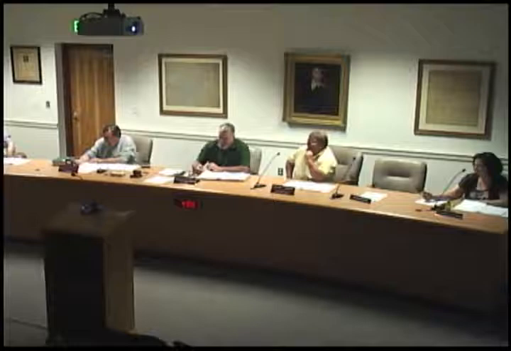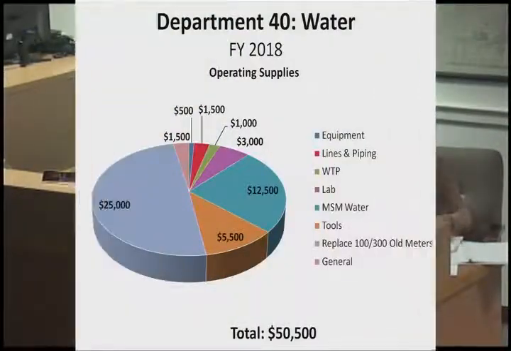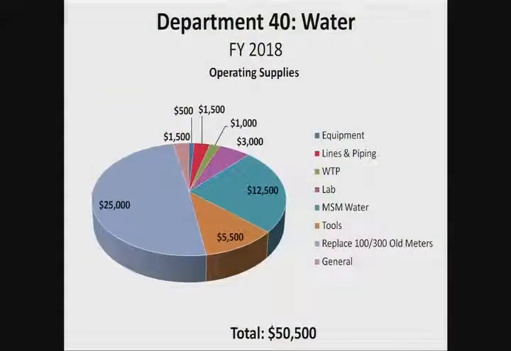A couple more line items I'd like to point out under water is on page 25. The operating supplies, which is up from last year. There's a total budgeted amount of 50,500, which is obviously up from last year.